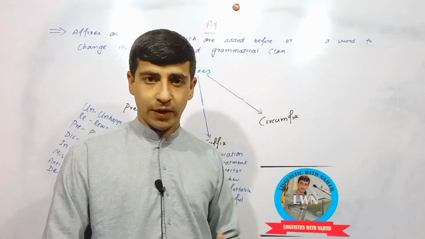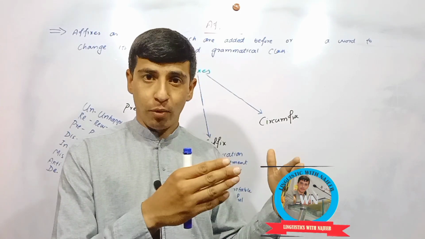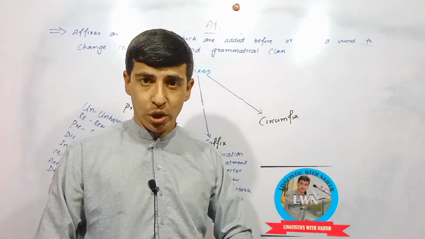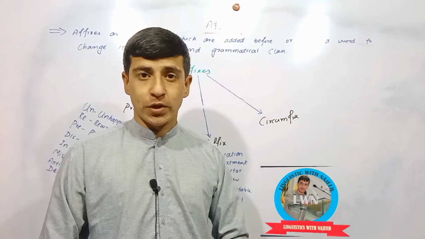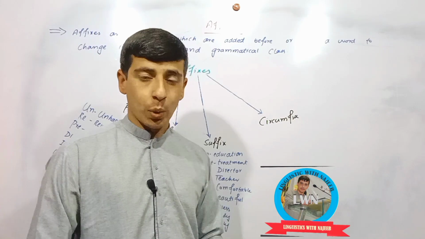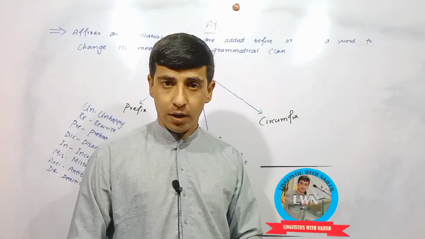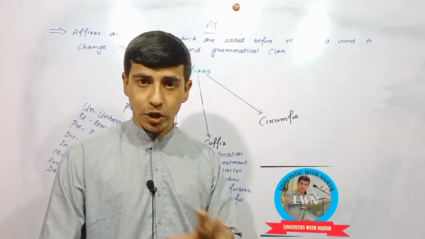Some people say that when we add un before happy and then add ly, it becomes a circumfix. It's wrong. It's not an example of a circumfix. According to ChatGPT, in the English language we don't have circumfixes. In other languages we do have circumfixes, but in English we don't.